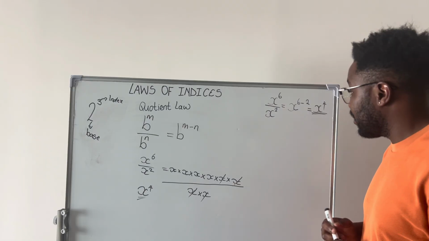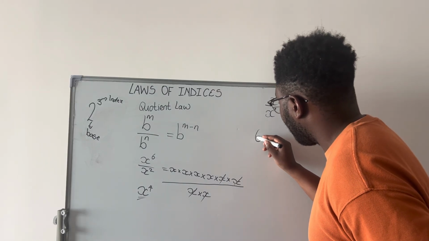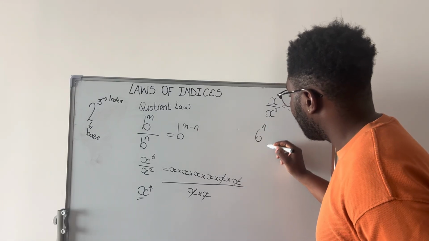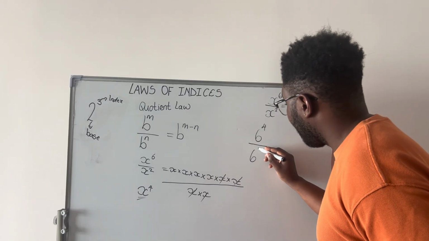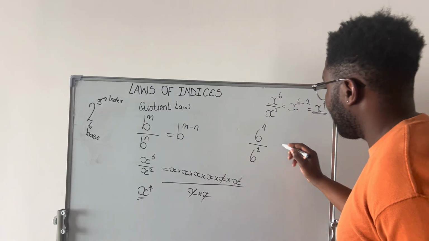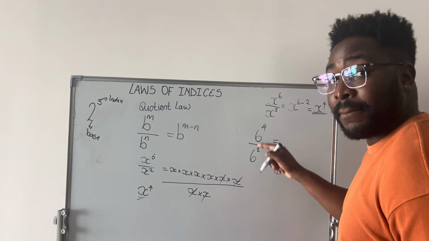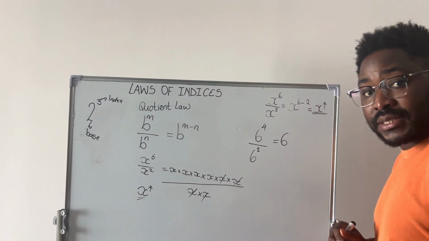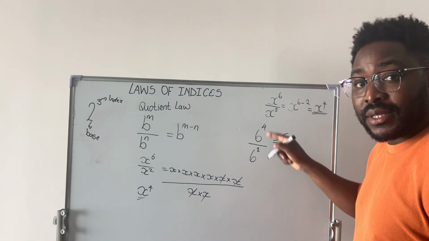Now let's take an example with numbers. Let's say 6 raised to the power 4 divided by 6 raised to the power 2. We're dividing an expression with the same base, so we keep the base 6 and subtract their indices.